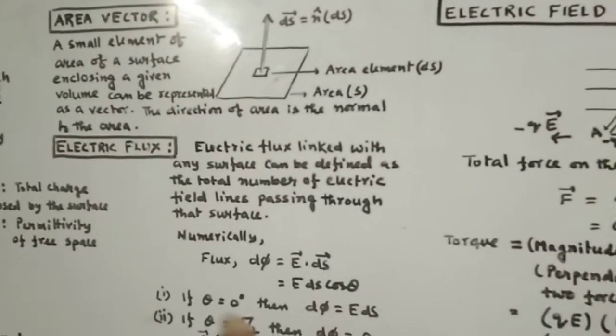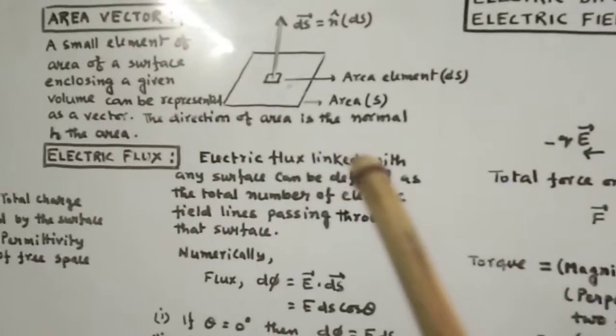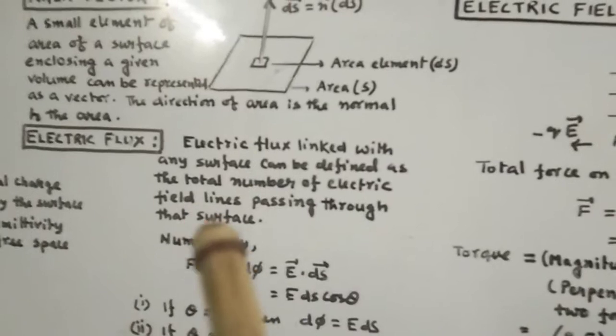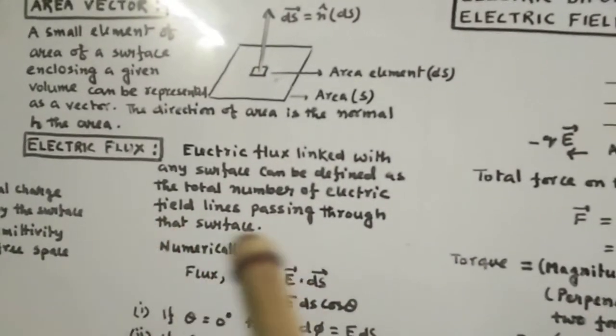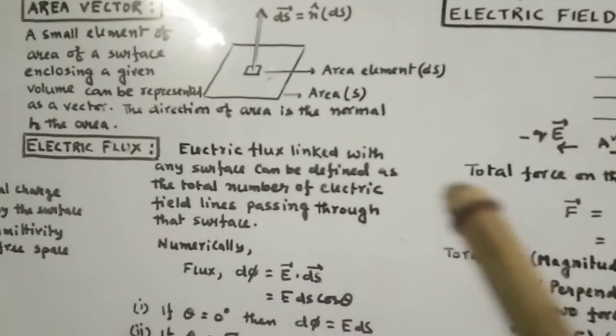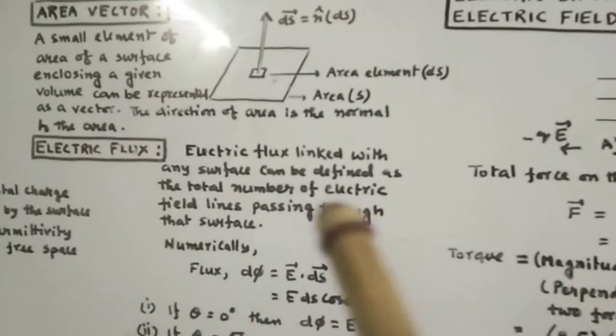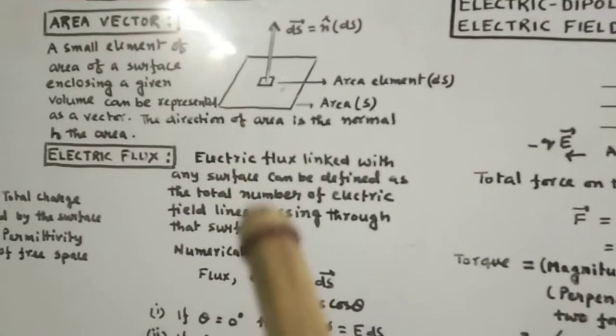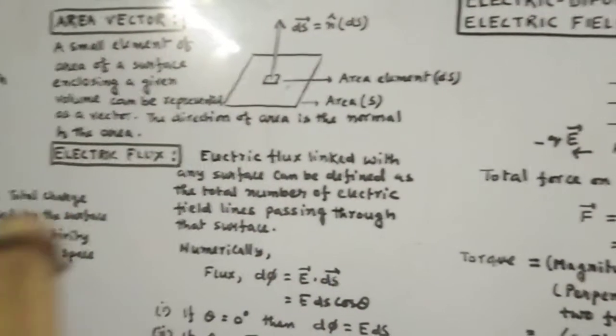Now let me go for the definition. It says that electric flux linked with any surface can be defined as the total number of electric field lines passing through that surface. Let me repeat once again. Electric flux linked with any surface can be defined as the total number of electric field lines passing through that surface.